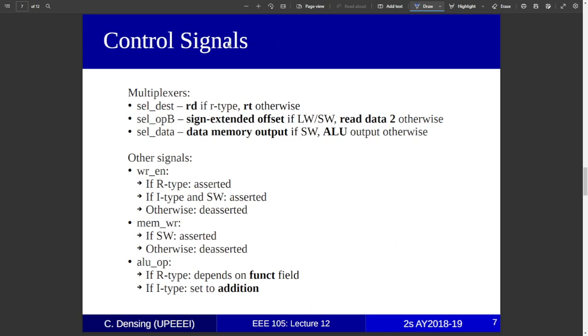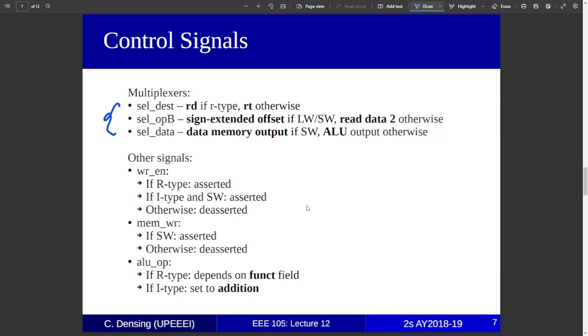So summarized here are the needed control signals. I've already mentioned them earlier, so you can just go back to that part. At least the part about multiplexers I've already mentioned.